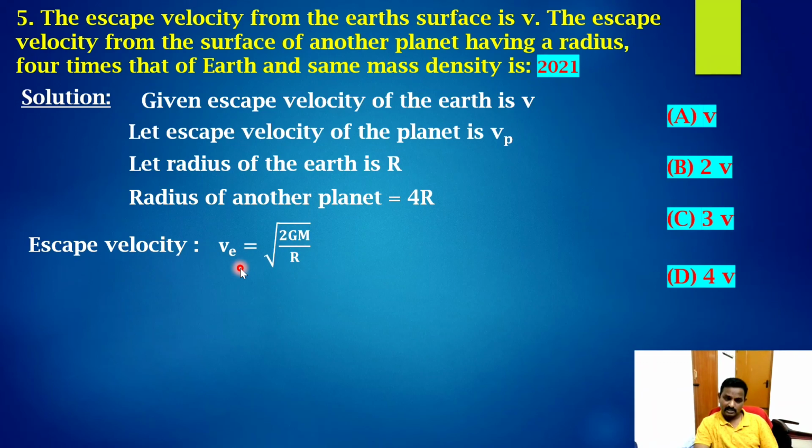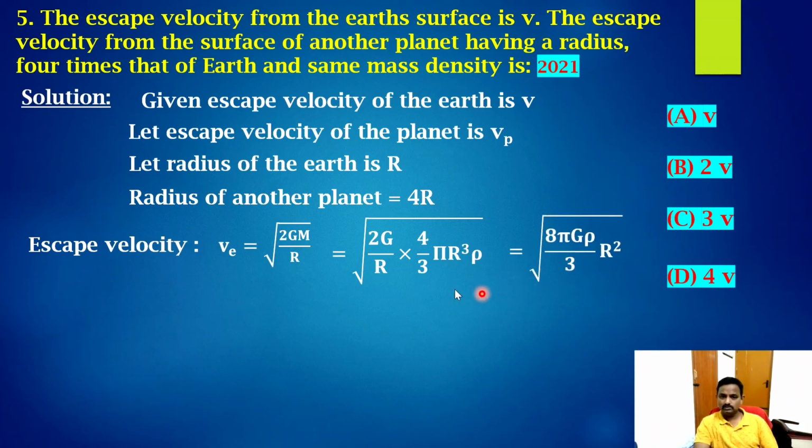So it is escape velocity of any planet, that is V is equal to root over 2GM by R. So here, 2G by R I wrote like that only, into M means mass of planet, that is volume into density I can write in the place of M. So every planet is a sphere, so volume of sphere is 4 by 3 pi R cube into density.